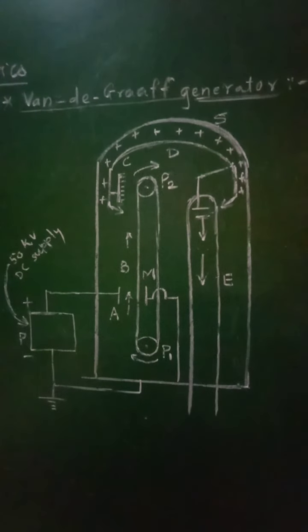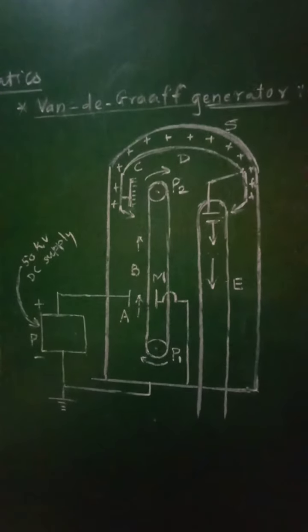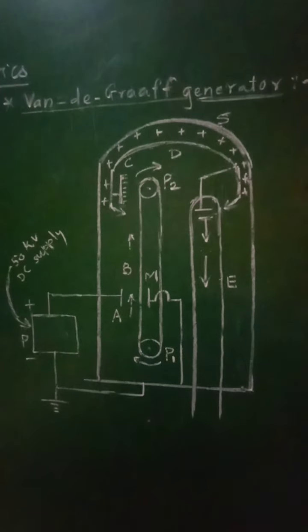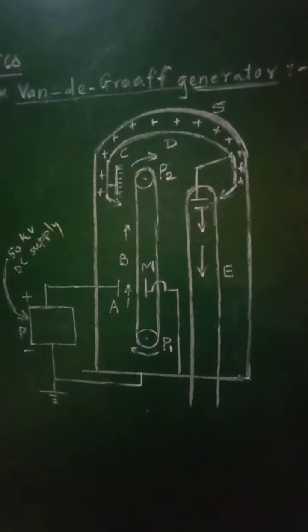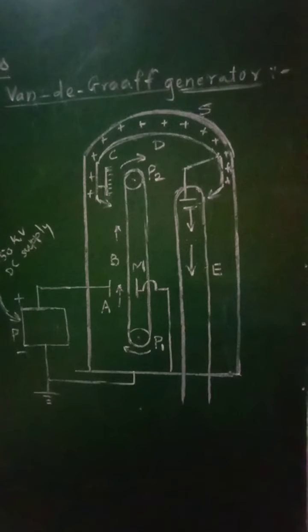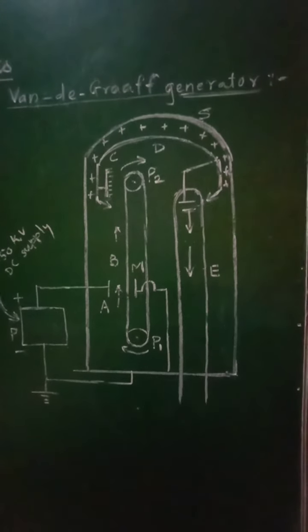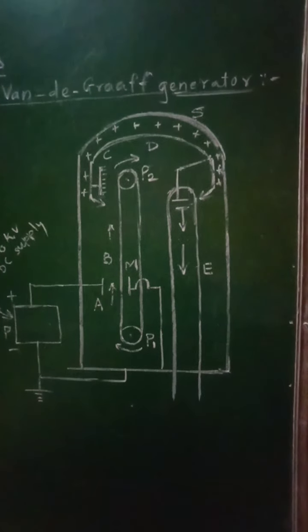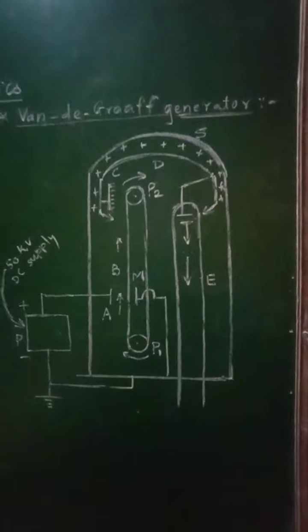The positive ions such as protons or deuterons which are introduced in that accelerating tube are accelerated in the downward direction with very high speed and with very high energy. These high energy particles are then directed so as to strike a desired target.